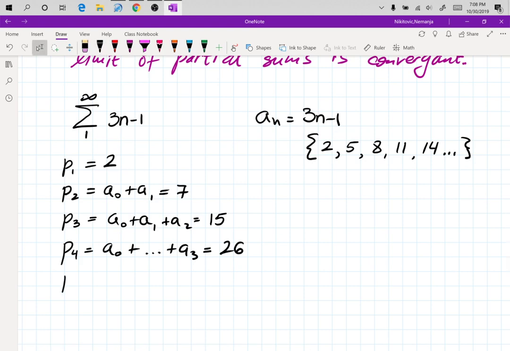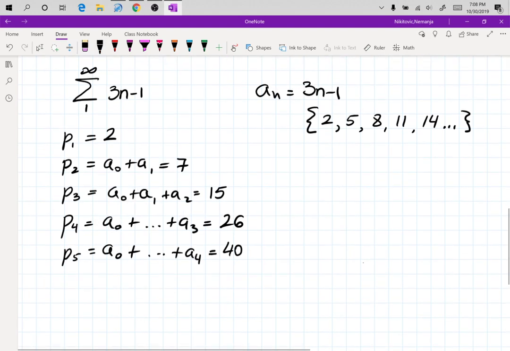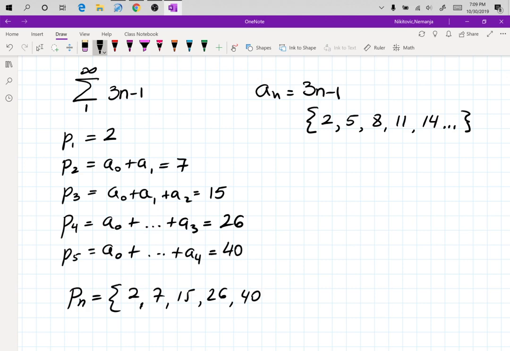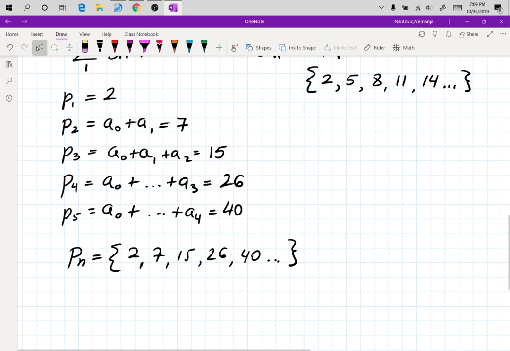And one more, partial sum 5, a0 plus dot dot dot through a4, that's 5 terms, it's going to be 40. If I take now the sequence of partial sums, which I'll call Pn, 2, 7, 15, 26, 40, we see that this is going to grow without a bound.